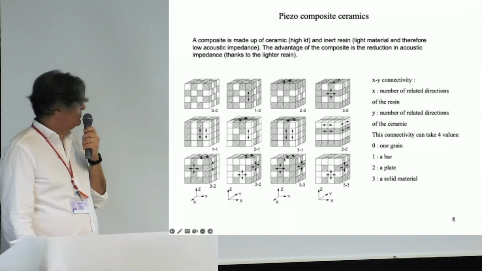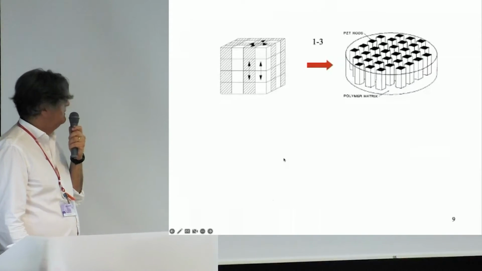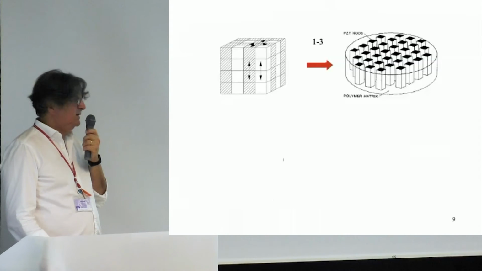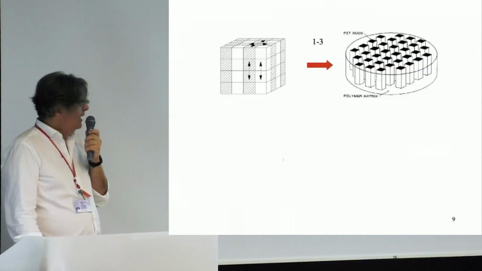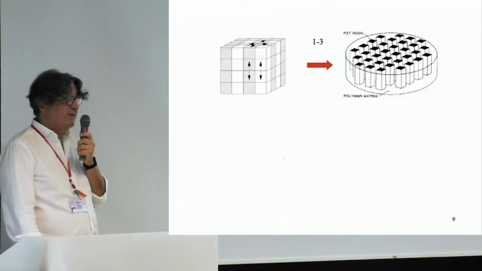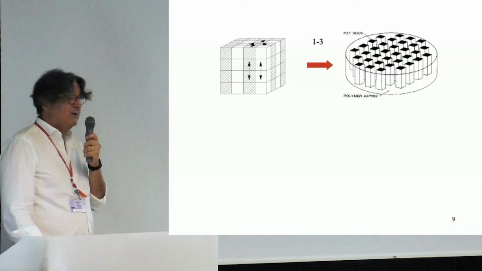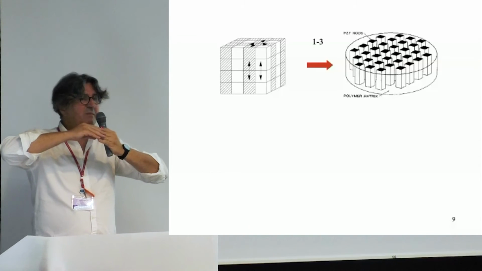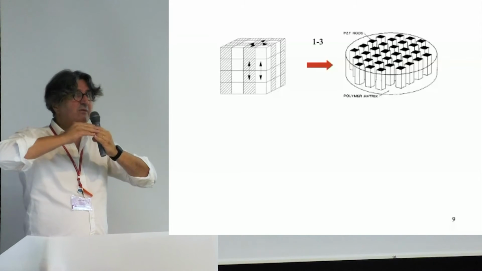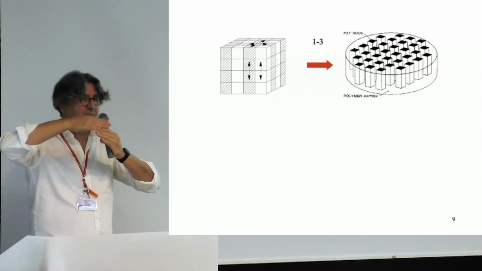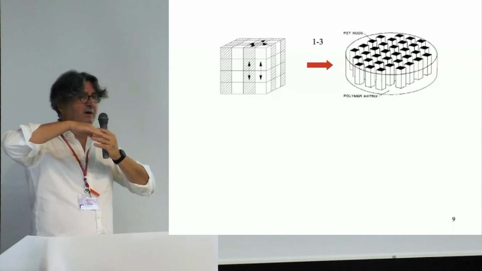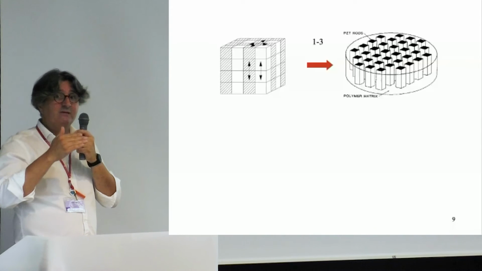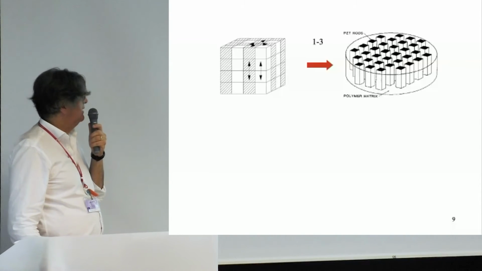And you can make this type of material. This is very interesting because, as it is polymer based, it is conformable. So you can shape the material to make lenses, or to make curved arrays.